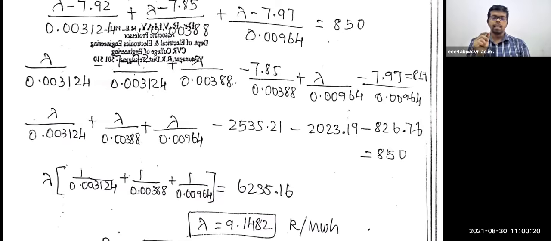Mega means 10 to the power of 6. So 0.5 into 10 to the power of 6 watts is getting lost.